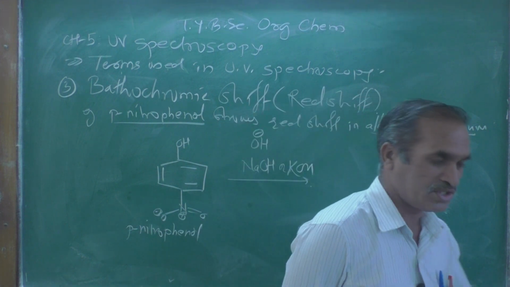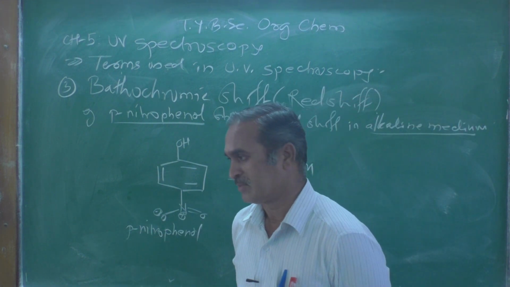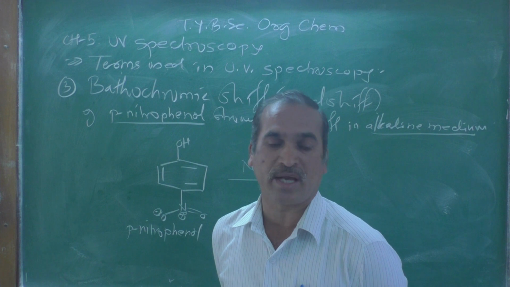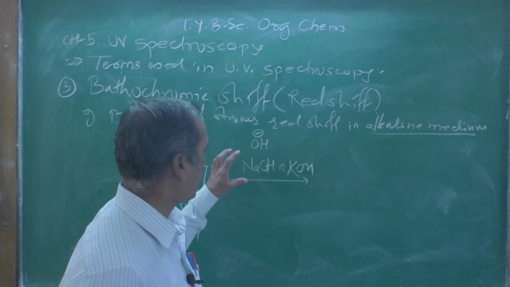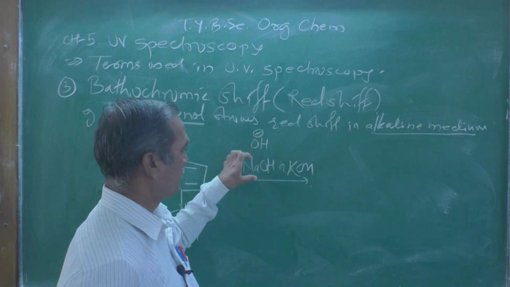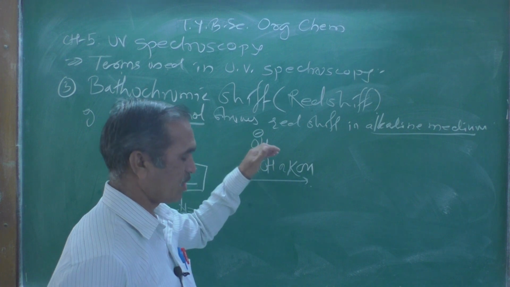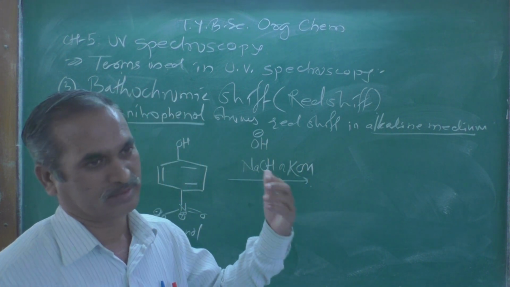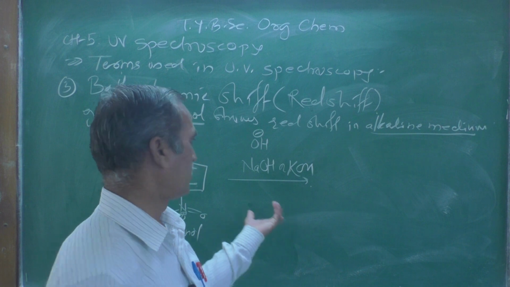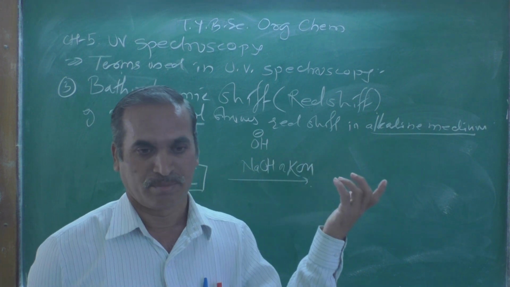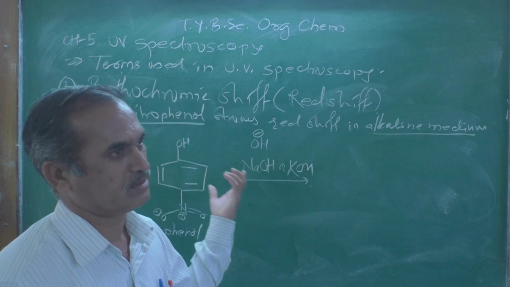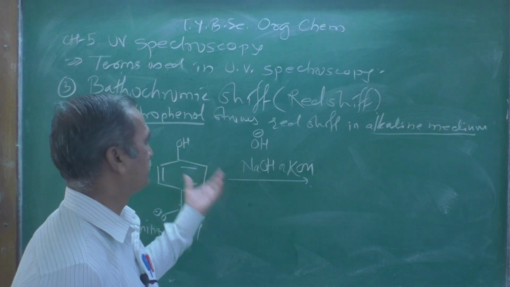OH minus is nothing but the hydroxyl groups coming either from sodium hydroxide or potassium hydroxide or other alkali metals, or barium hydroxide or aluminum hydroxide.